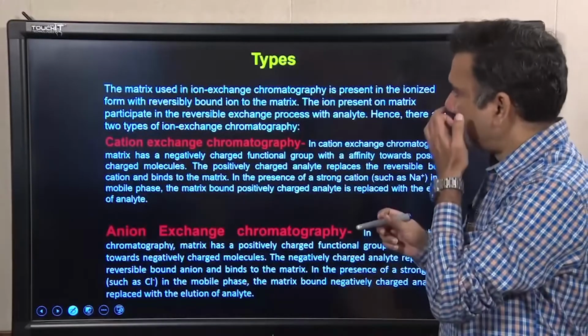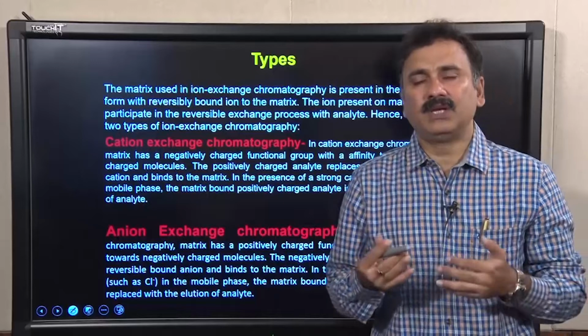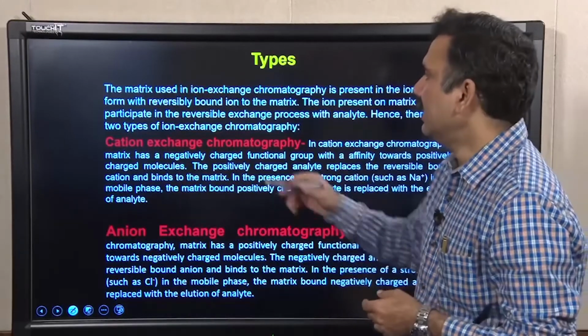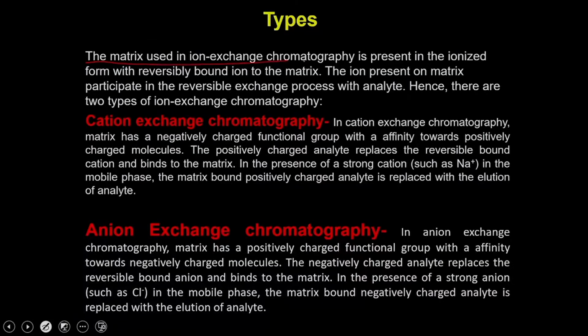Now, what are the different types of matrix which are available for performing ion exchange chromatography? The matrix used in ion exchange chromatography is present in ionized form with a reversibly bound ion, which means the matrix has a positive or negative charge, and then it has a counter ion, which is of the opposite charge.